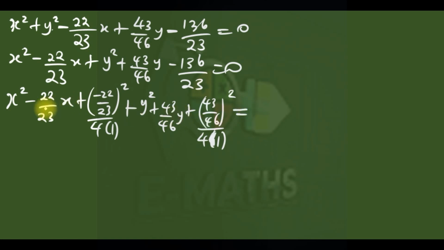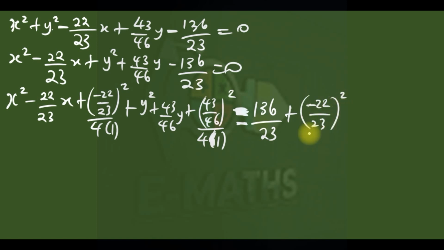But remember this is an equation, so we've added this and this, so we need to add it to the right-hand side. Remember, I forgot one thing: minus 136 over 23. Let's move it to the other side to be positive. Why we add minus 22 over 23 all squared over 4 plus 43 over 46 all squared over 4.